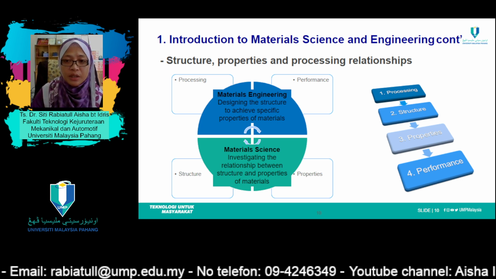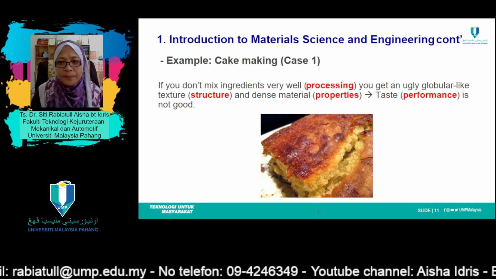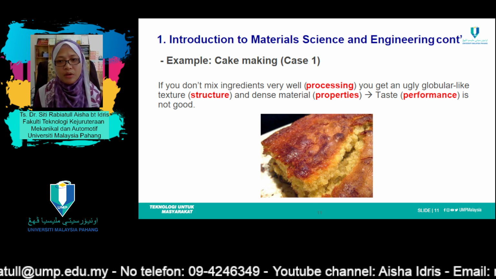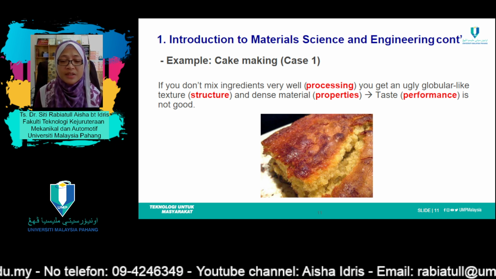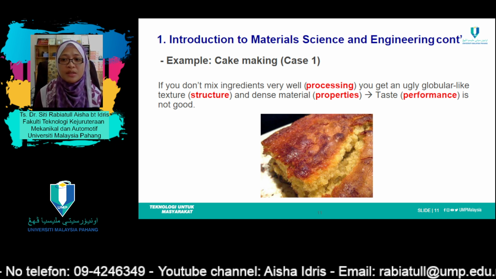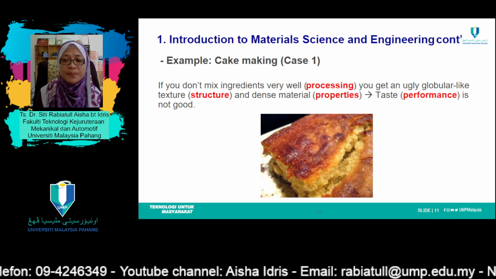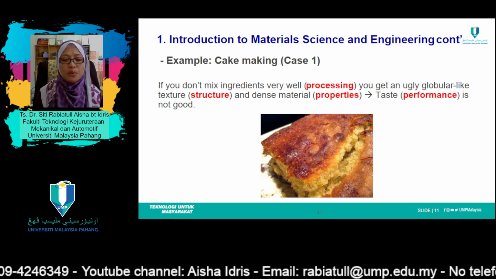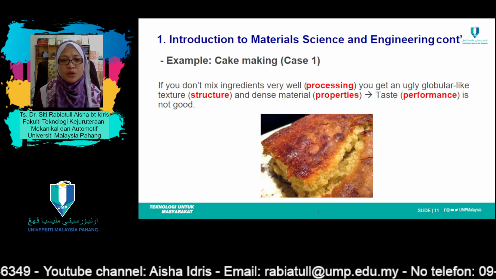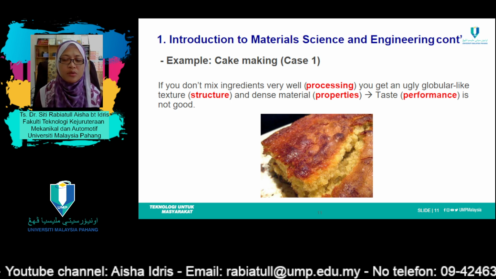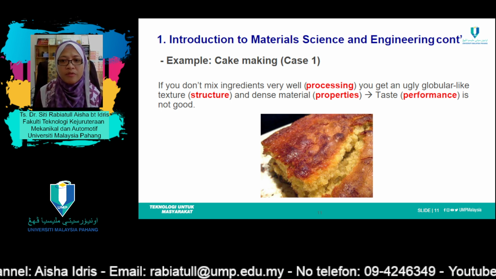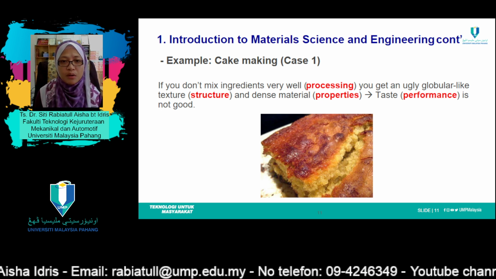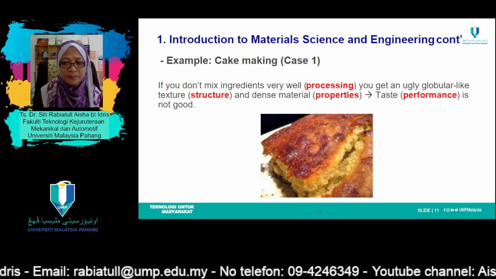Okay, let's take the example of cake making, by introducing all those steps just now: processing, structure, properties, and performance. For cake making, we know that we need sugar, flour, and so on in order to bake a cake. The process of mixing the ingredients is called processing.